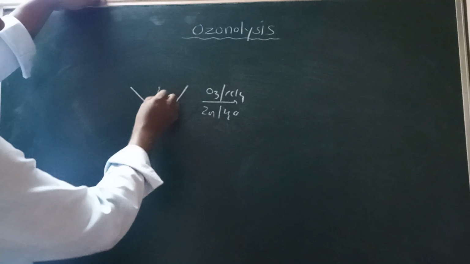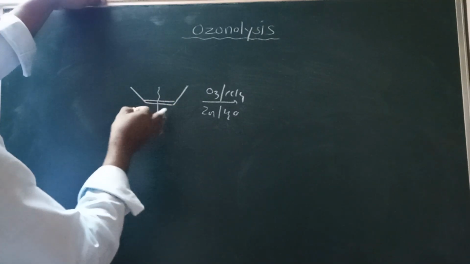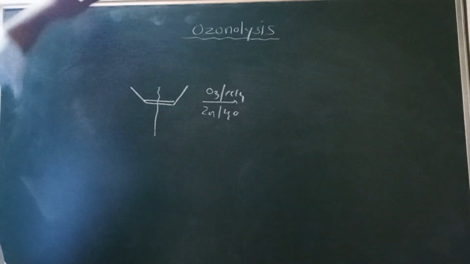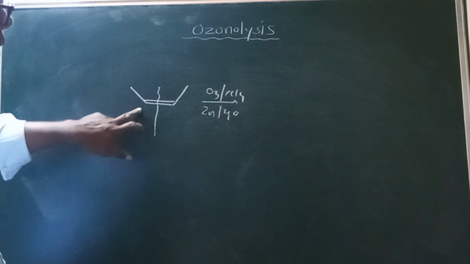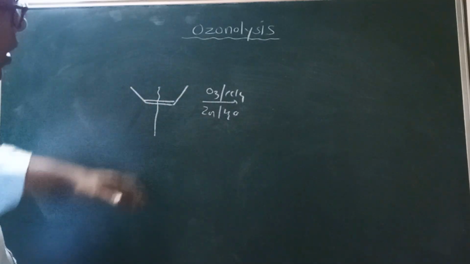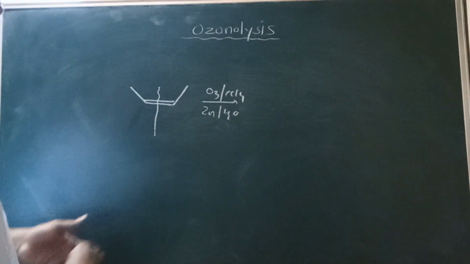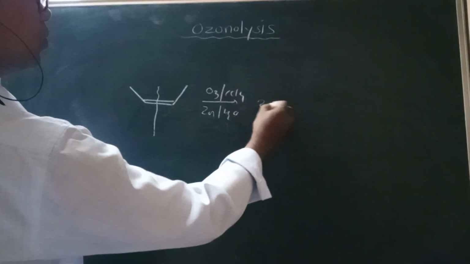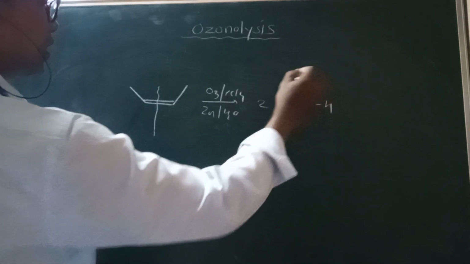Break this double bond, put one oxygen on the left, the other on the right, and both will be doubly bonded with the respective carbon atom. So you'll get CH3, C double bond O, and H, acetaldehyde. And from this side also you'll get the same acetaldehyde, because our alkene is a symmetrical alkene. So you get two molecules of CH3, C double bond O, H, acetaldehyde.